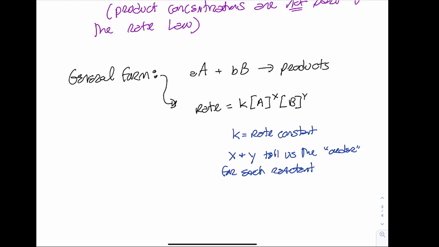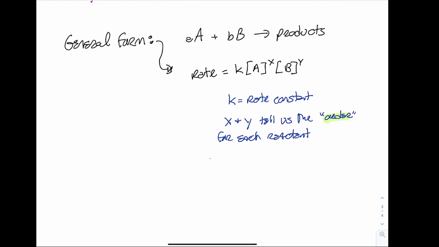If it's a 1, we would say it's first order with respect to whatever that is. And I'll show some real examples in a minute. If the exponent is a 2, we would say it's second order. Whatever that exponent is, that's going to tell us the order for each reactant. If I was to add X and Y together, we get the overall order for our reaction.